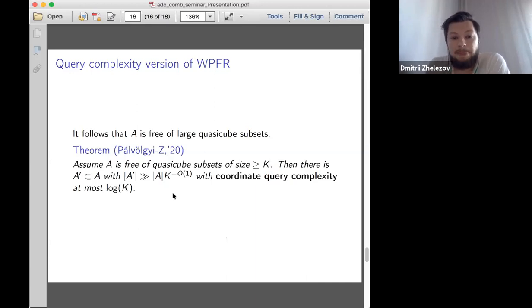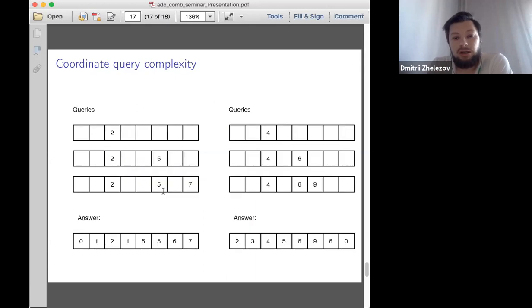So okay, what exactly does this coordinate query complexity mean? Assume that you know all the elements in your set, and you know that they are contained in a very large dimensional ambient space.